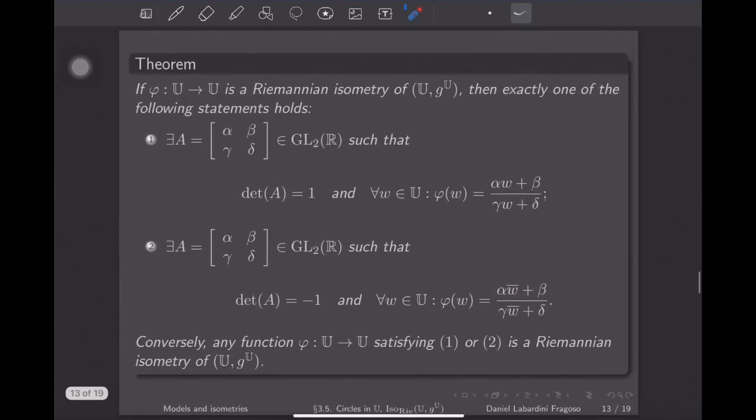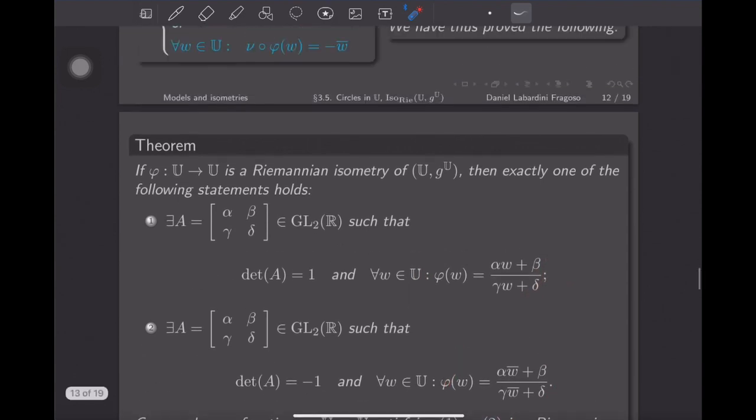Okay, so this tells me whatever Riemannian isometry you give me, it can be expressed in an explicit way. And second exercise, if anything of this form is a Riemannian isometry. We already proved that anything of this form is a Riemannian isometry. Now you have to prove that anything of this form is a Riemannian isometry.